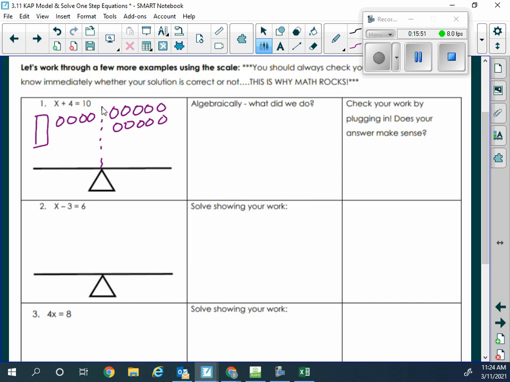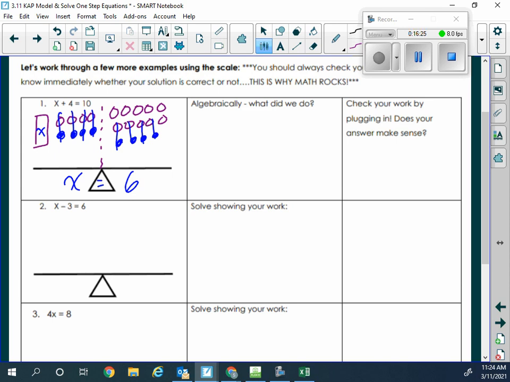You told me to isolate the variable, which is the fancy way to say get x by itself. You're going to bring in 4 negatives, right? And what you did to one side, you had to do to the other, and then you had 0 pairs over here as well, and now you were left with just x equals 6. So see, that's how you draw out what we just did in writing again.